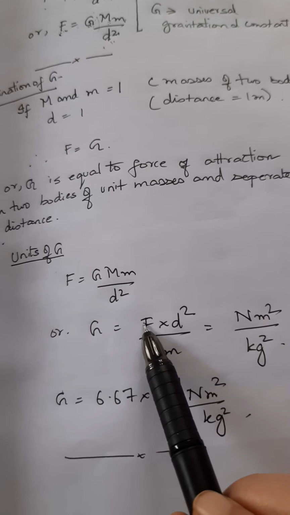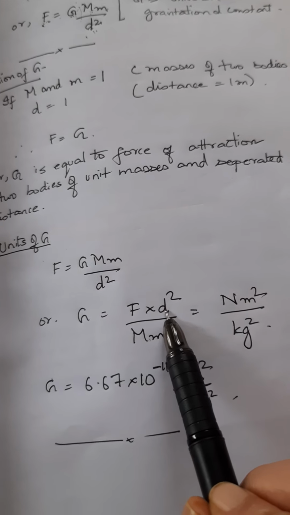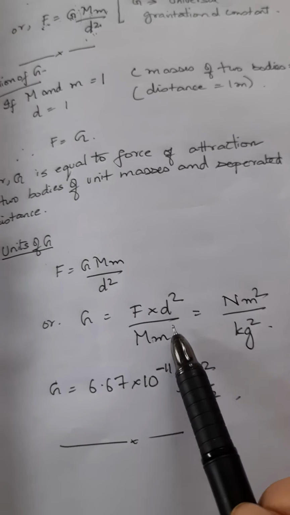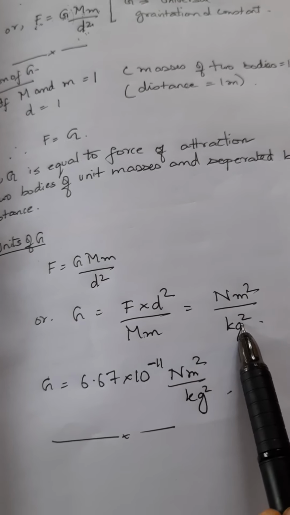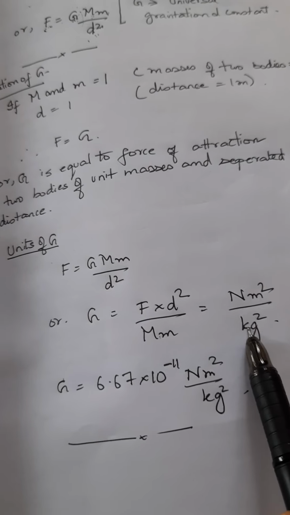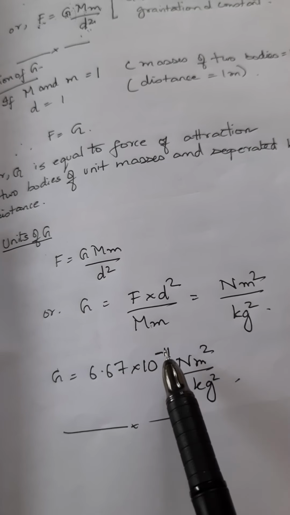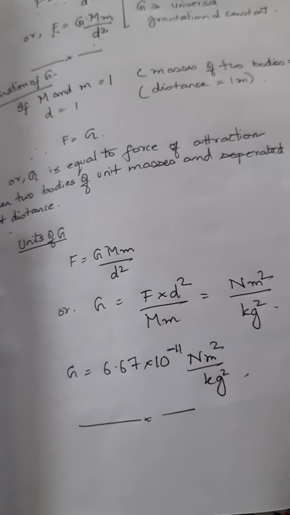Now the unit of force F is Newton, the unit of d, the distance between the two masses, is meter square, and the unit of masses is kg. I am taking all SI units, internationally accepted units. Now this value of G, we will find that it is 6.67 into 10 to the power of minus 11 Newton meter square upon kg square.